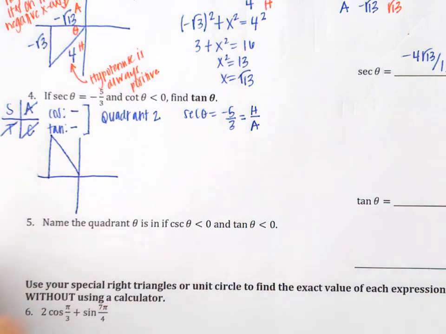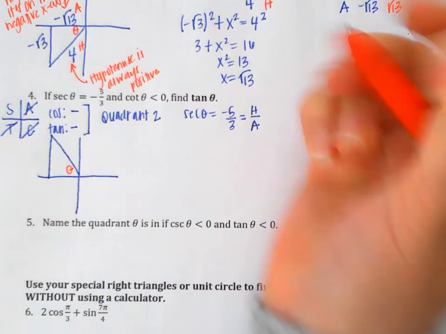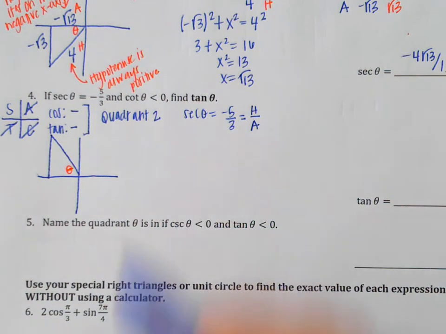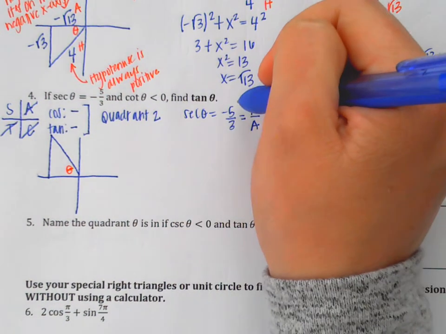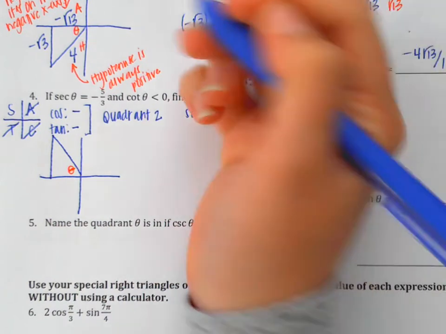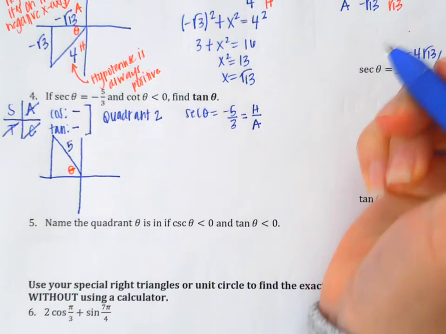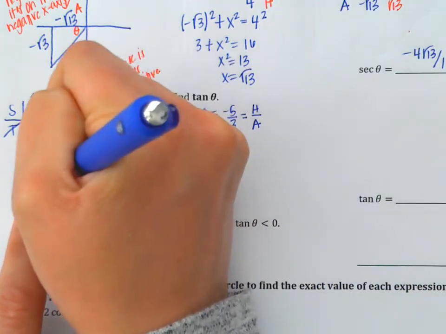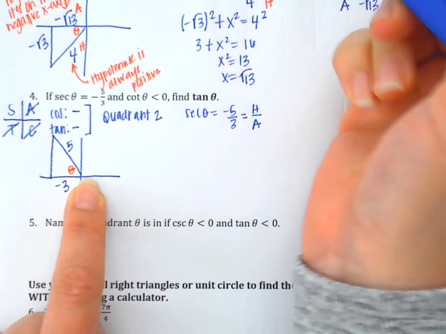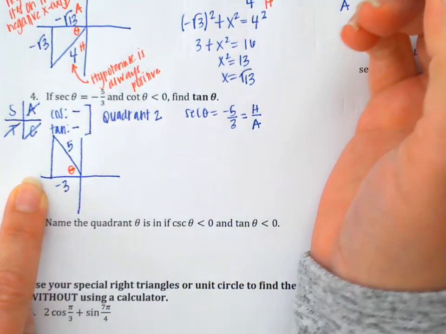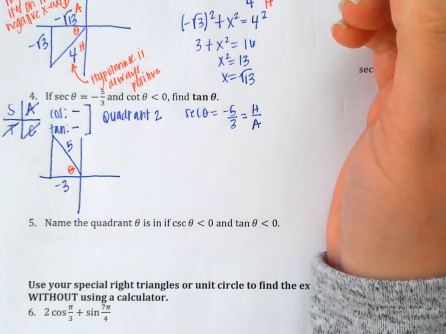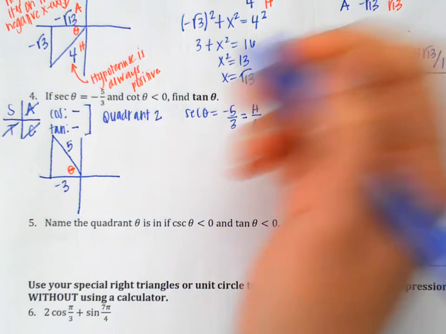Remember, your theta is always at the origin. And so it's giving us a hypotenuse. Now remember, the hypotenuse is always positive. So this is going to be a positive 5. And the adjacent is here, is going to be the negative 3, which makes sense because it's a negative distance on the x-axis. And then we just have to figure out our third side by using the Pythagorean theorem.